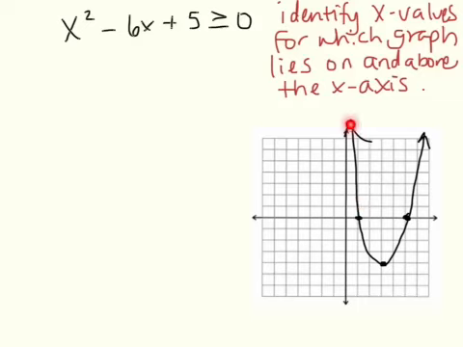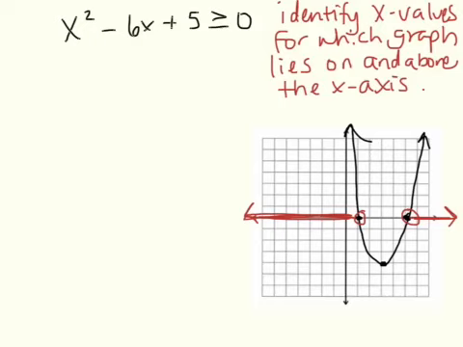So here is where my graph exists above the x-axis. So it's not in between anymore. It's on the outside, because this is going to go out and out forever and eventually make it over here. Same thing here.